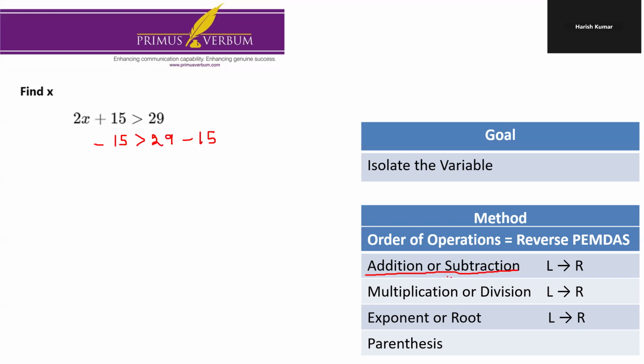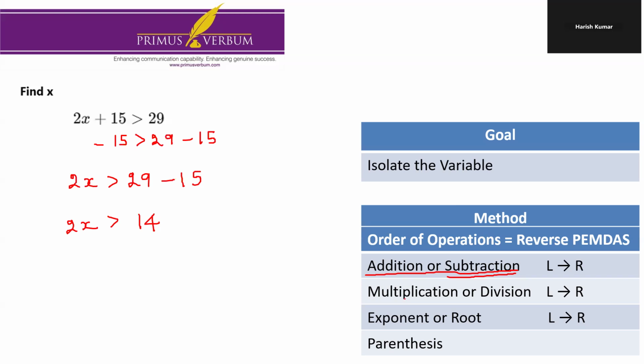Okay, so we have performed the subtraction operation on both sides, and the net result is we got 2x greater than 29 minus 15, and 29 minus 15 is 14.